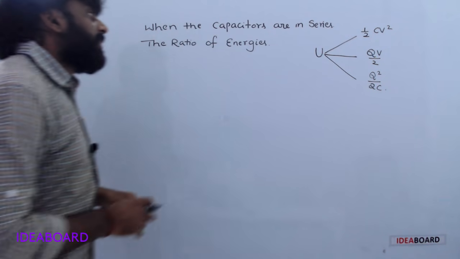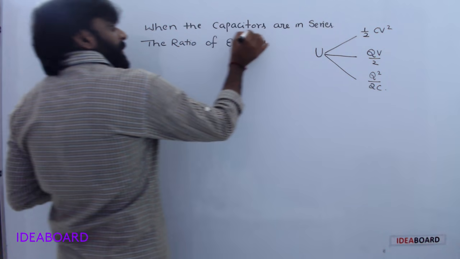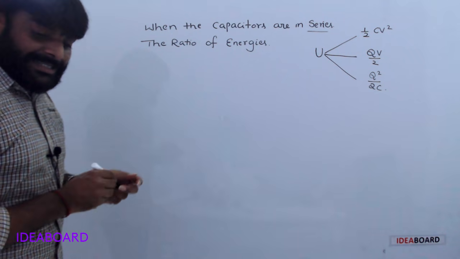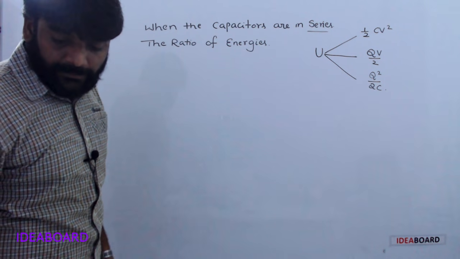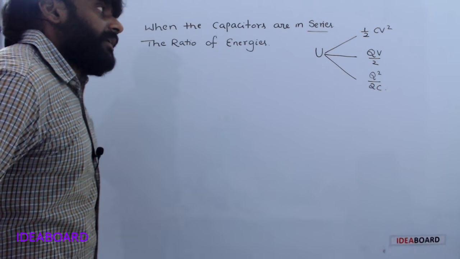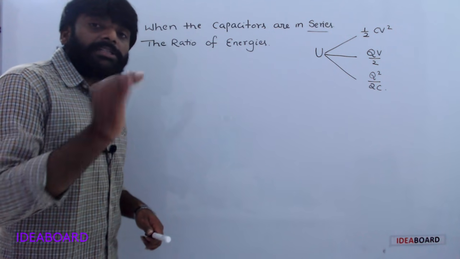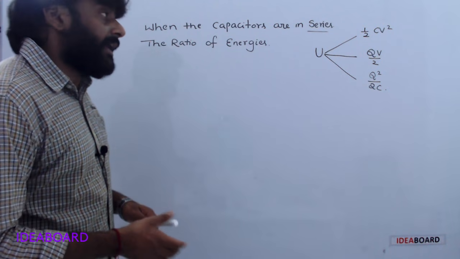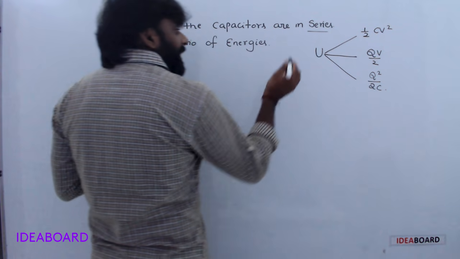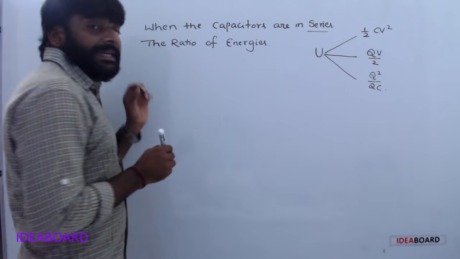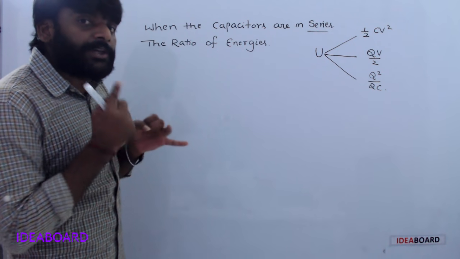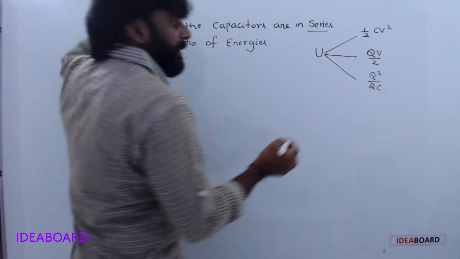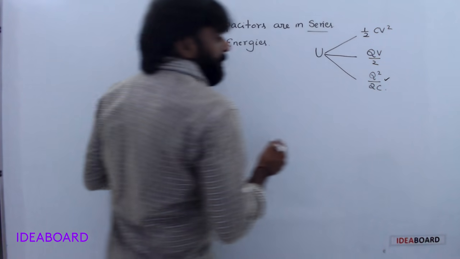These three formulations. Here capacitors are in series. In series, which one is constant? Charge or potential? Charge is constant. That means required energy in terms of charge and also capacitances.